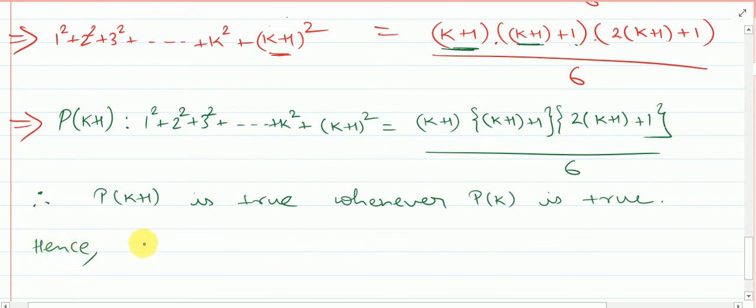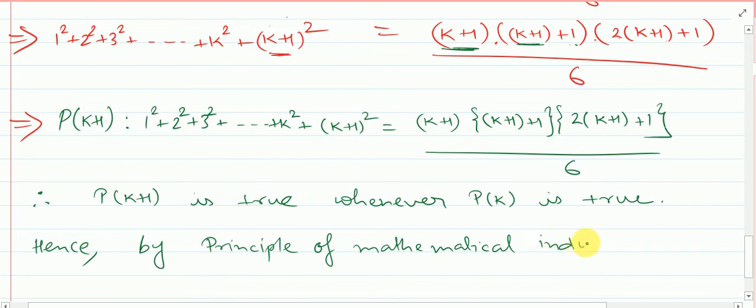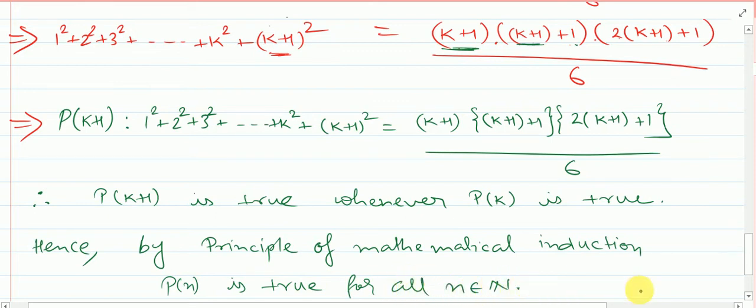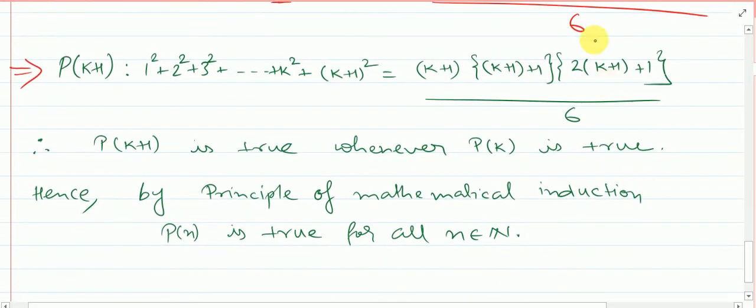Hence the given statement P(n), or you can write hence by principle of mathematical induction, P(n) is true for all n belonging to natural numbers. Okay, so this is done.